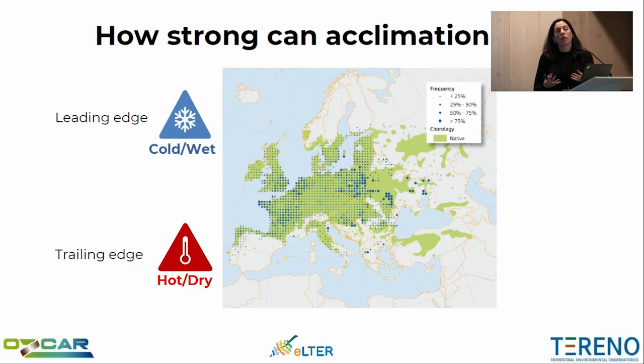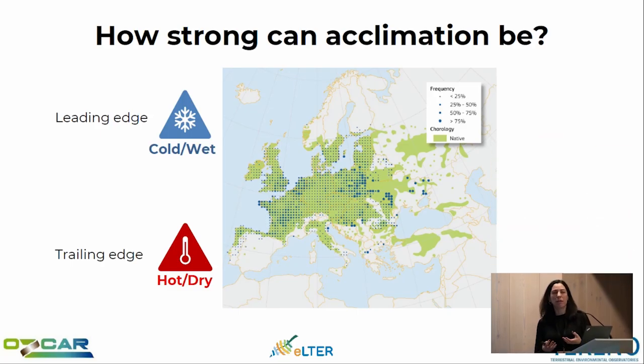The first question that comes to one's mind is how strong acclimation can be. Can it really be so dramatic? To answer that question, first I need to explain what the distribution range of a tree species is. A tree can grow in a certain geographical area that is usually limited on one side, in the north or the south depending on the hemisphere, by conditions that are too cold or too wet for that tree species.